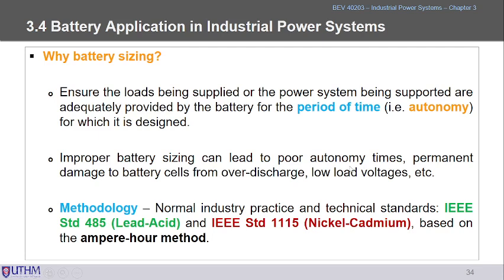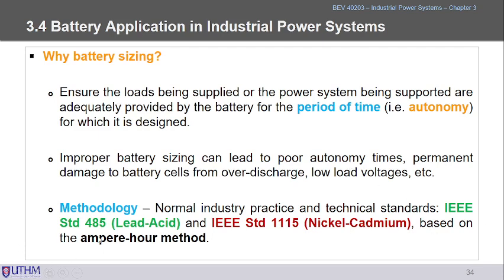So that means we need to have the battery sizing properly, and the method that we use is based on the IEEE standard 485 for the lead acids, and the standard 1115 for nickel cadmium.